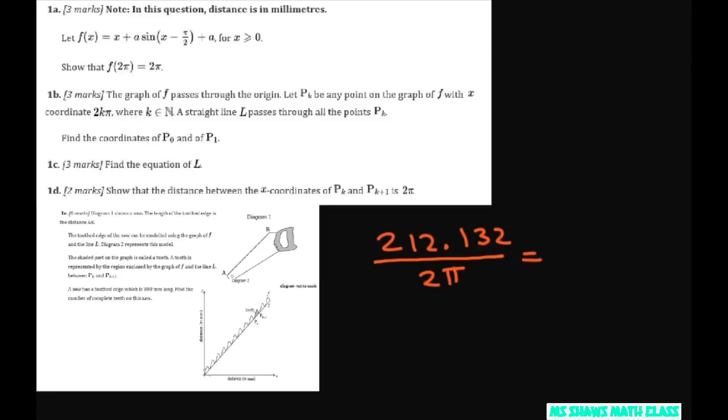You have to use your calculator, and when you do that, you get 33.7618. Now, you can't have partial teeth on the saw, and you can't round up, you have to round down, since it says complete teeth. So that means there are 33 teeth.